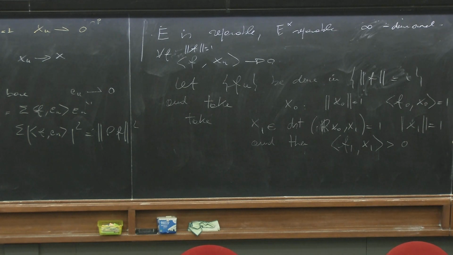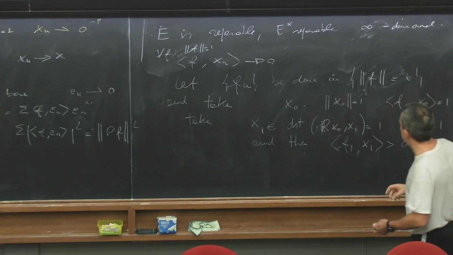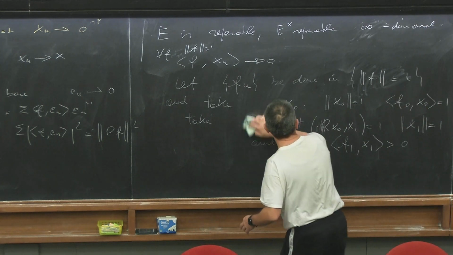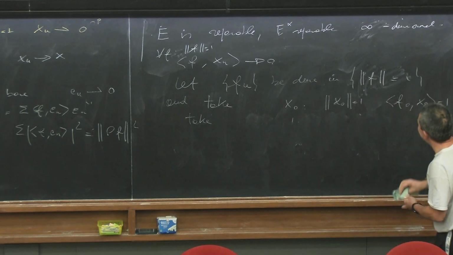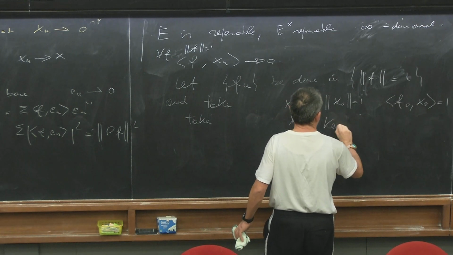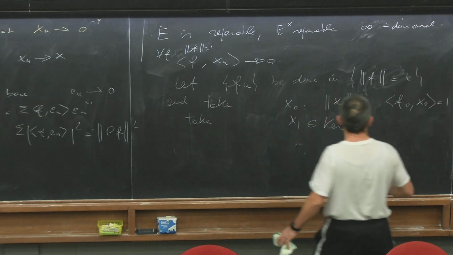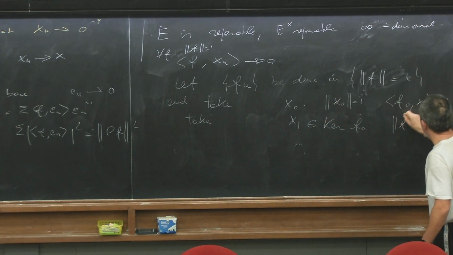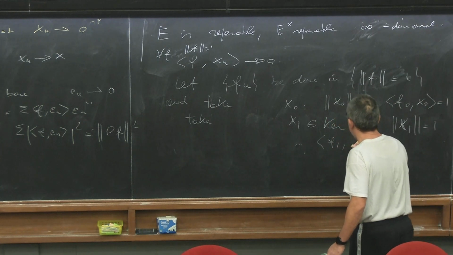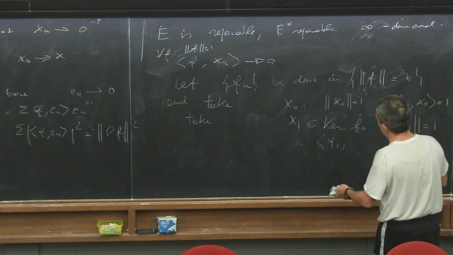Sorry, it's a mistake, I'm just confusing the stuff. So x1 I take in the kernel of f0, with norm of x1 equal to 1.